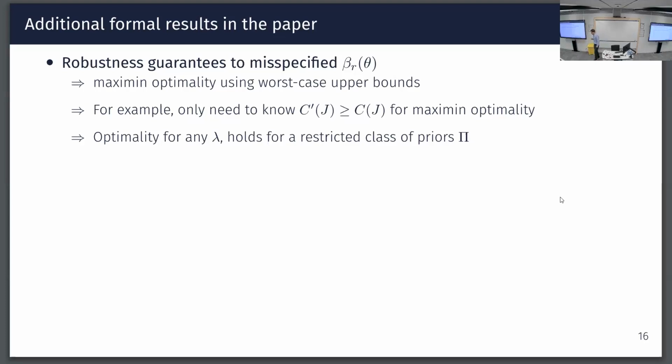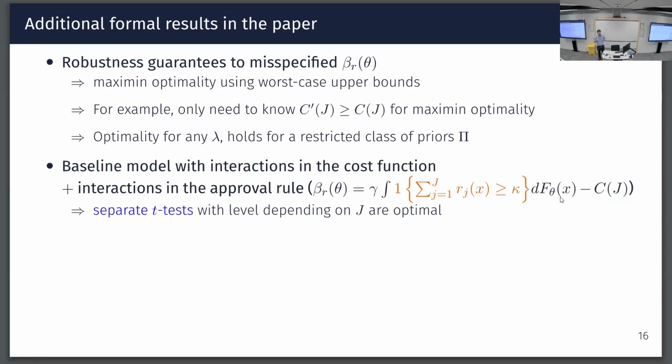And so one idea here is that if we don't really know the cost for running the experiment, maybe we can use some upper bound, which will give us some indication of achieving some form of maximum optimality. And of course, this is going to make the rule a little bit more conservative.